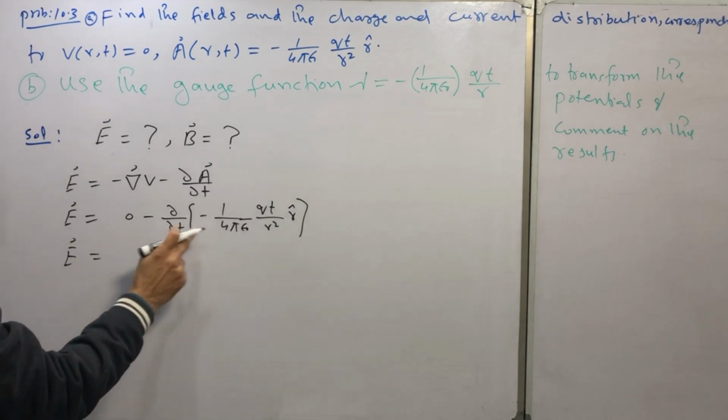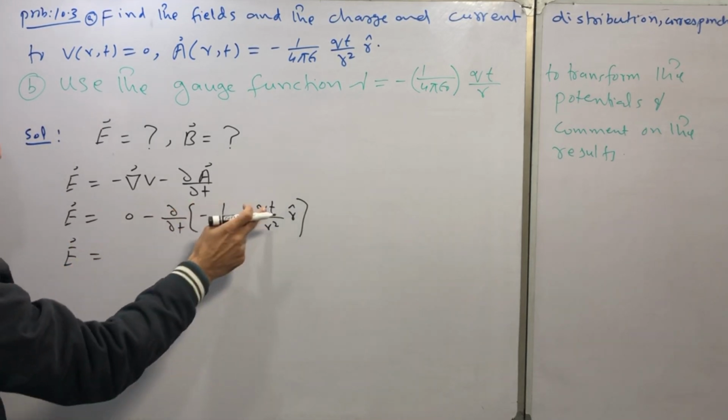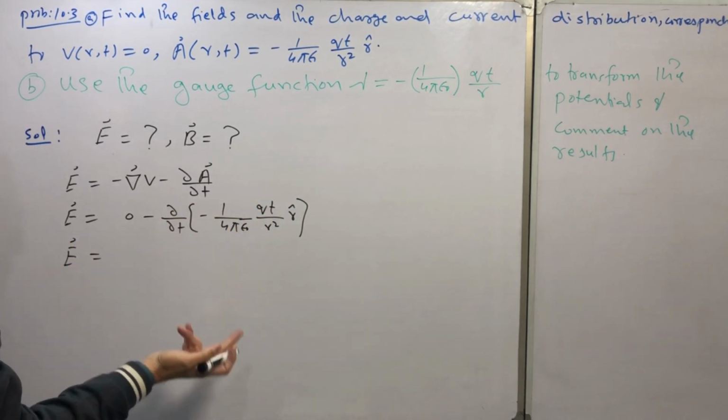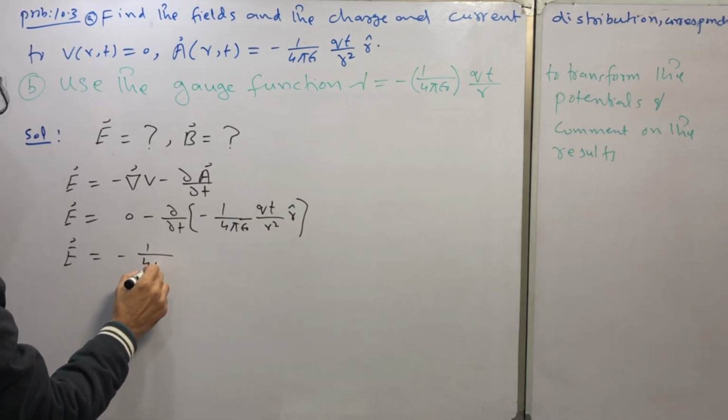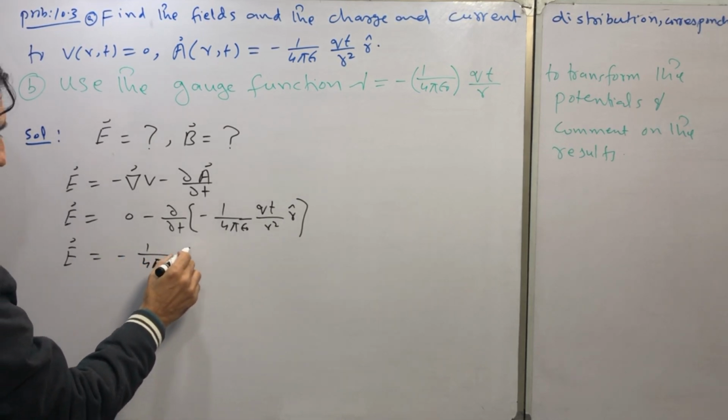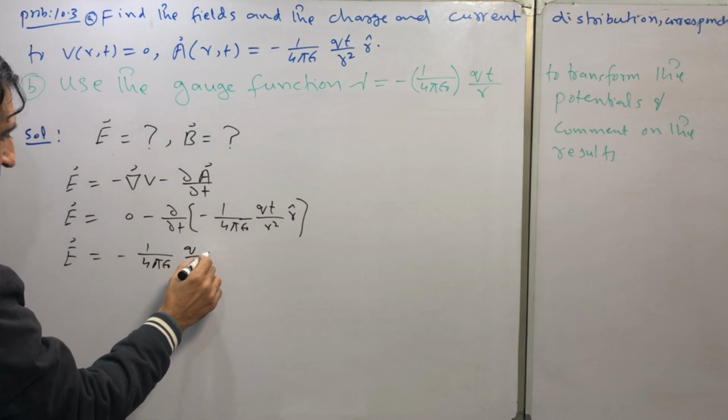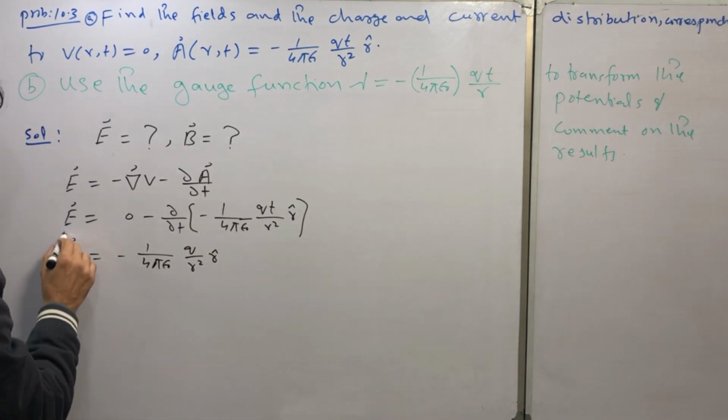If we differentiate this with respect to T, partial T divided by partial T is 1, and we have only minus 1 over 4 pi epsilon naught Q divided by R square, R hat as a unit vector.